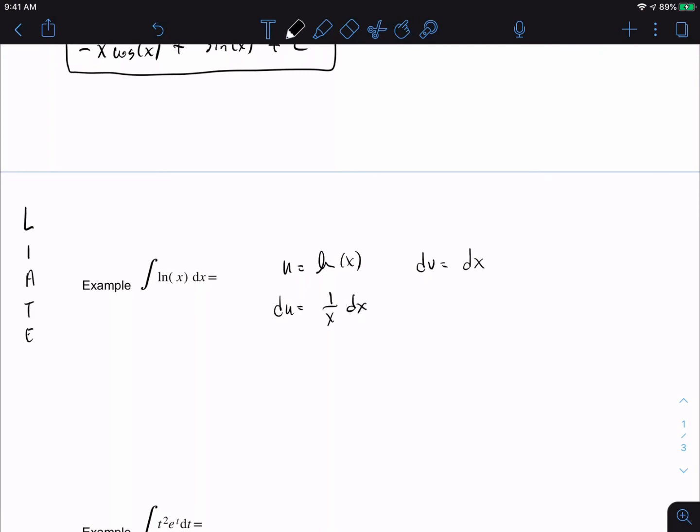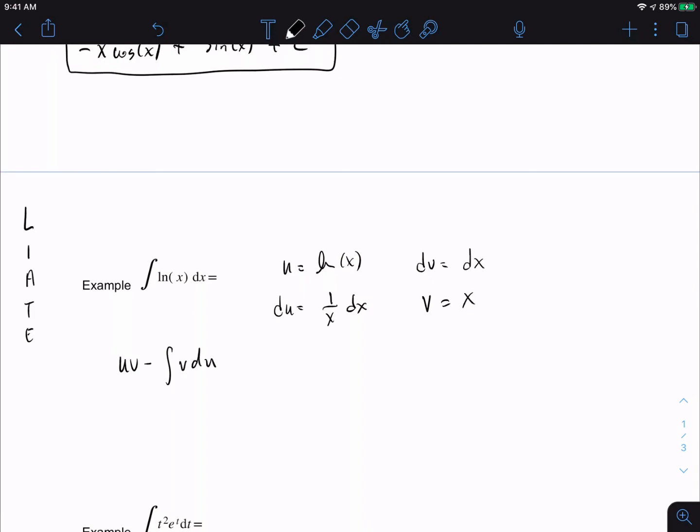What is the integral of dv? X. So the integral of dv is v. The integral of dx is x. Okay? Then again, I'm just going to do this because I'm in the habit of it: uv minus the integral of v du.